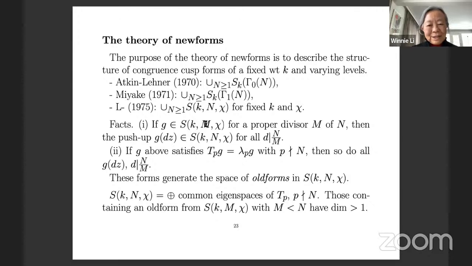So if g is a common eigenfunction there, then by the remark, so are its push-ups. That means that the common eigenspace will have dimension greater than 1.